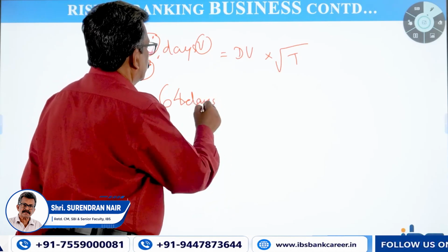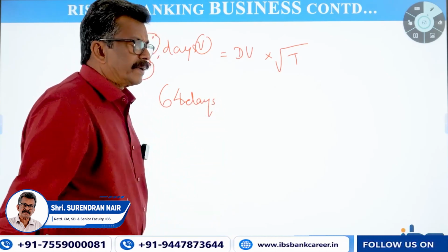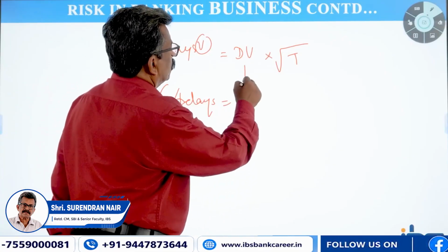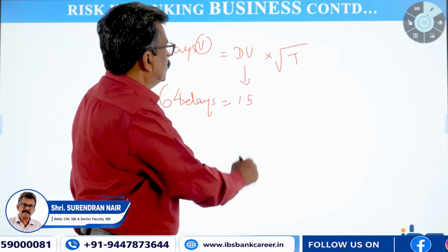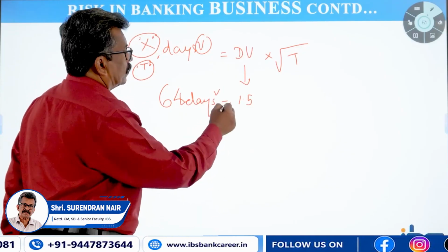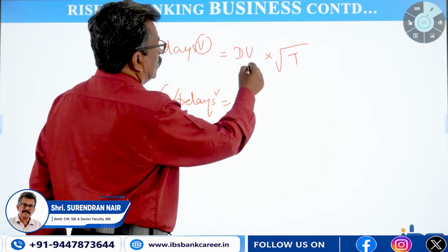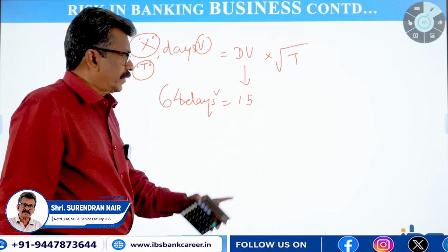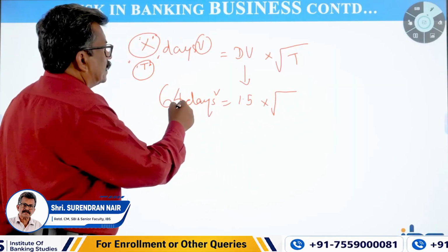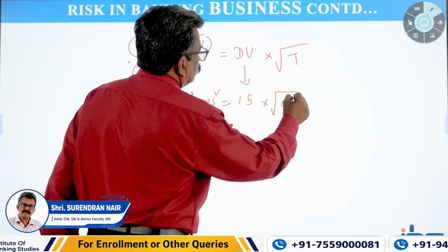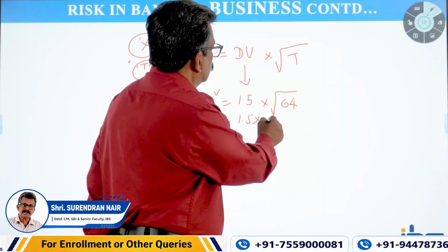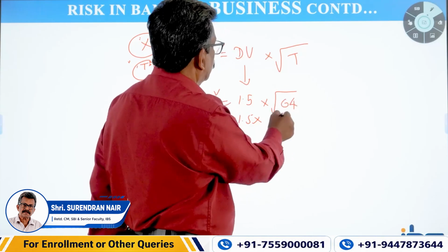If 64 days variability, in the question they may ask you, if the daily variability is 1.5, what is the 64 days variability? The formula is daily variability, 1.5, into square root of T. What is T? Square root of 64 is 8.